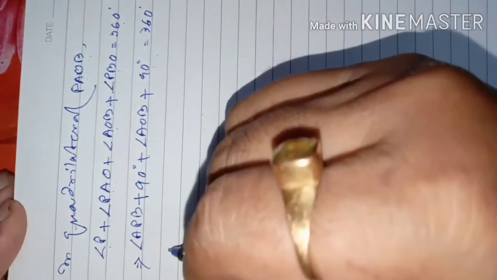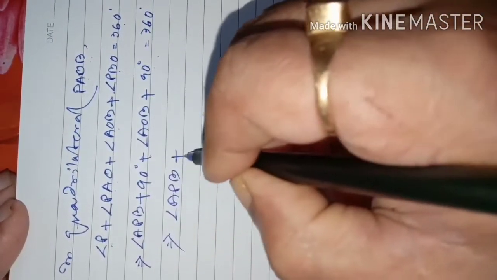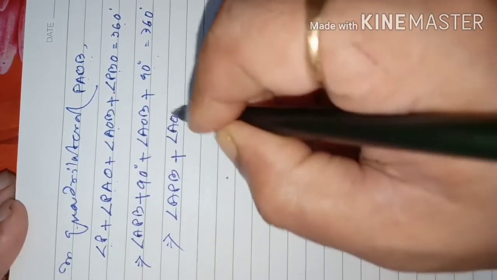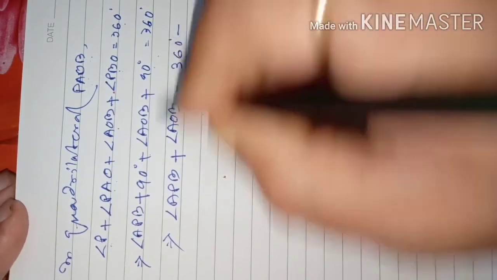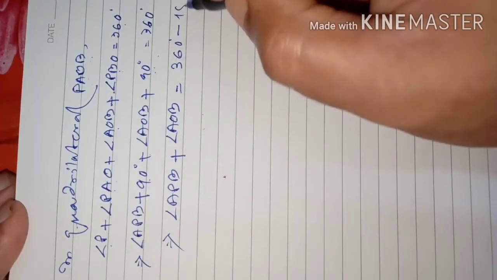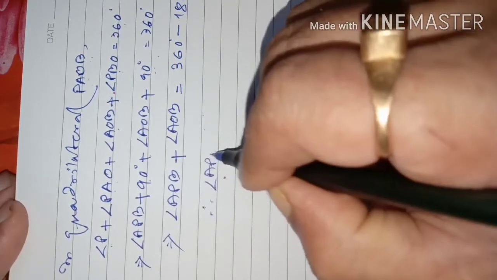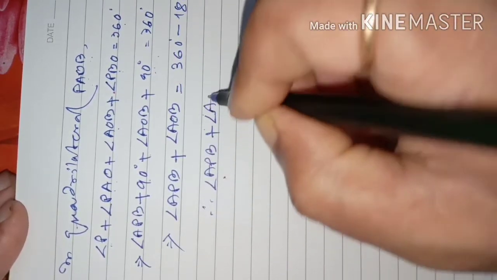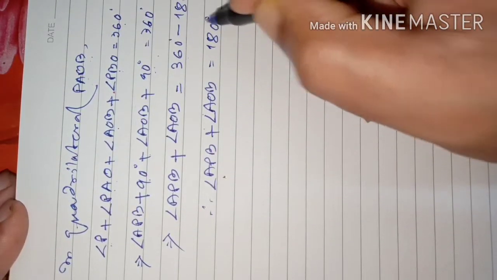This is the angle sum property of a quadrilateral. So here we are getting angle APB plus angle AOB equal to 360 minus 90 plus 90, which is 180. Therefore angle APB plus angle AOB is 180 degrees. Proved.